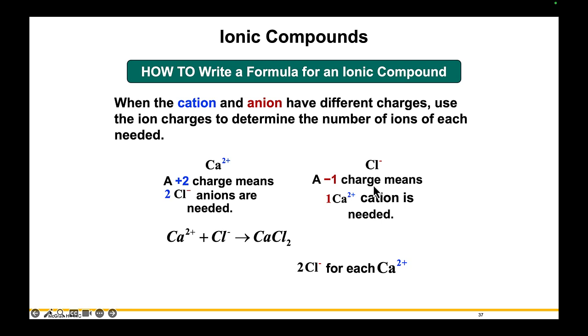And chlorine is in group 7A, and it's going to want to gain 1 valence electron to make it that full octet. But when you add those together, the +2 and the -1, you end up with a +1 net charge. But you can't have that. You need a neutral compound overall. And so you need 2 of those chlorine ions to balance out the charge. And that's why you get CaCl2.